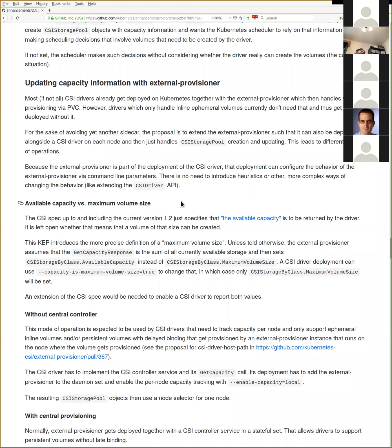In that case, it makes more sense to set the maximum volume size. And the comparison in Kubernetes is the same. If it finds a node or a storage pool where the maximum volume size is smaller than the volume that it tries to create, then it knows that it's basically a negative statement. This pool is not suitable for this volume.